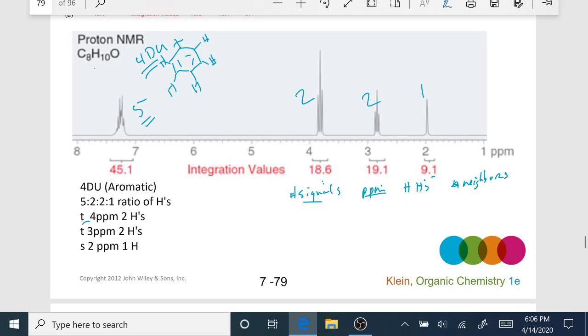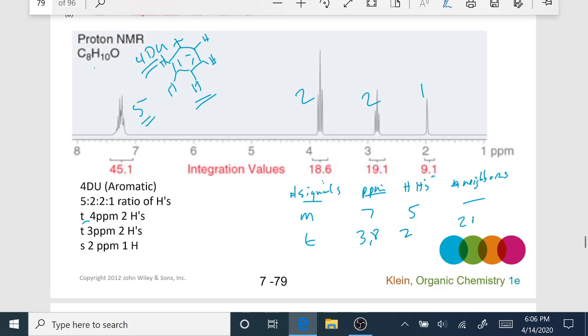So, in the aromatic region at 7 ppm, we've got a multiplet that's associated with 5 hydrogens, and those are on a benzene ring, so I'm going to scratch out the number of neighbors. We got this piece right here. Then at 3.8, we've got 2 hydrogens that are a triplet, and so what does that mean?